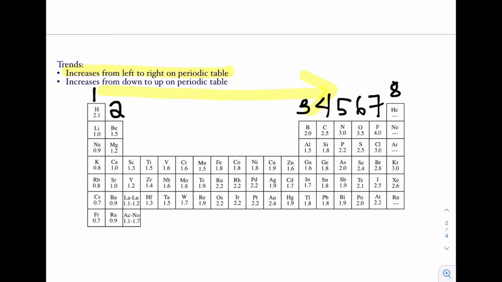Now, the second factor for electronegativity would be the atomic radius of the atom. So the atomic radius, in a nutshell, is basically just how far away the outer shell is from the nucleus.